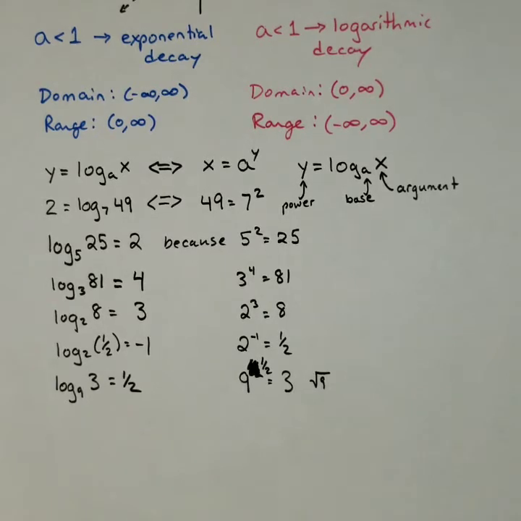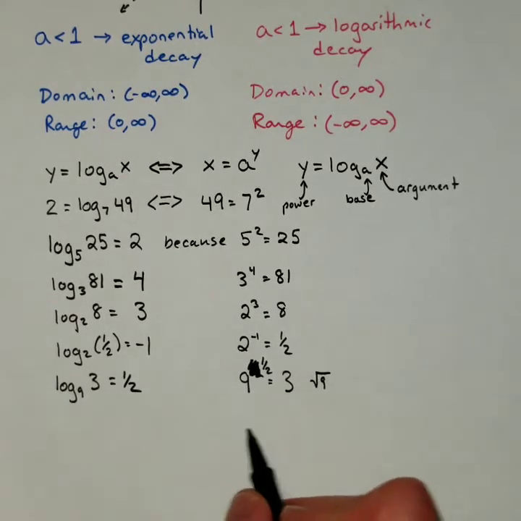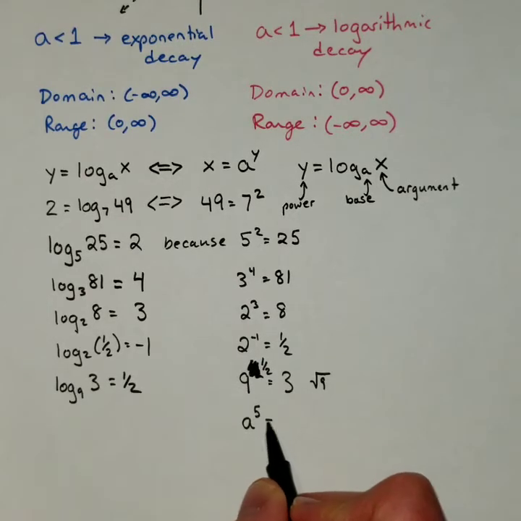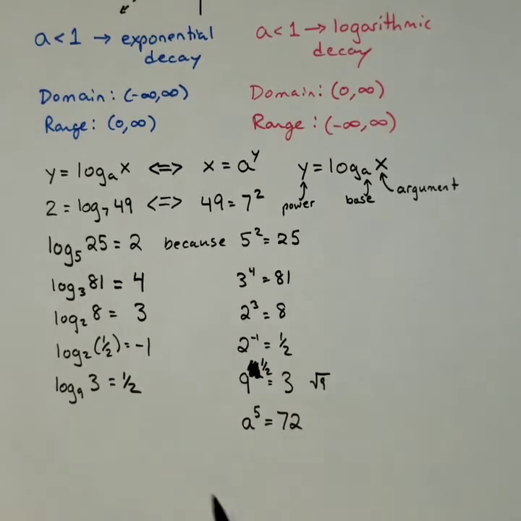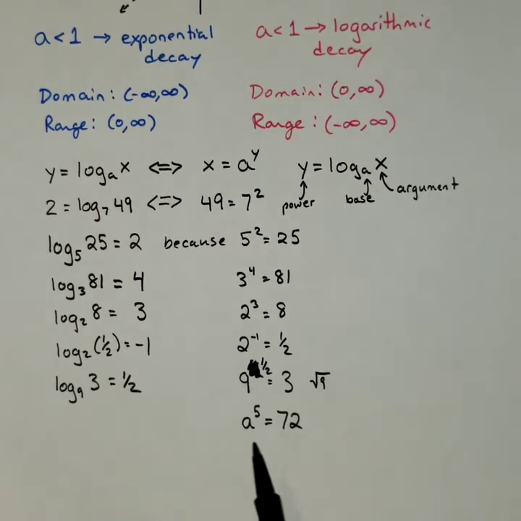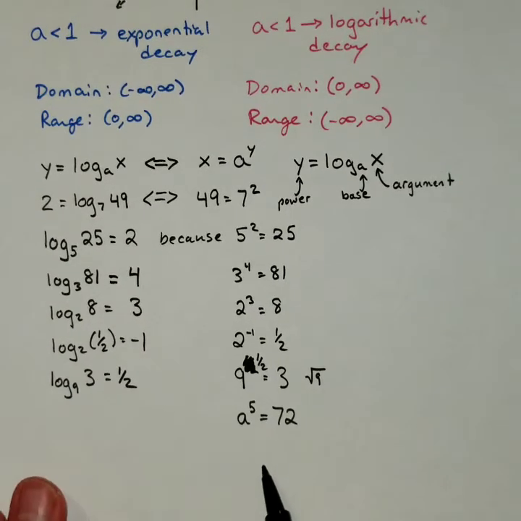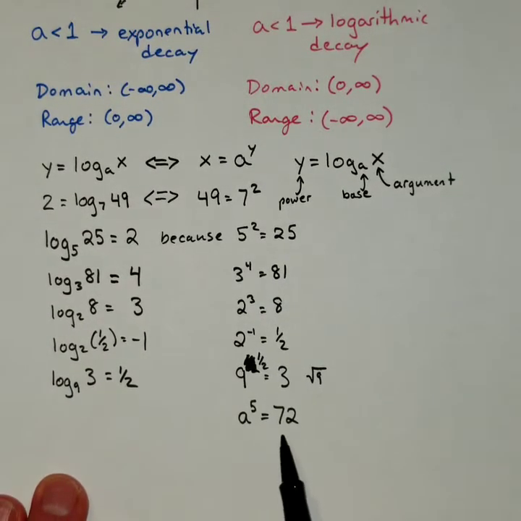Alright, and finally, just a simple conversion. Let's say you had an exponential, and maybe we didn't know the base, but we know everything else. We can convert this to the logarithmic form, and there are reasons why we may want to do this in the future, so practice it now.